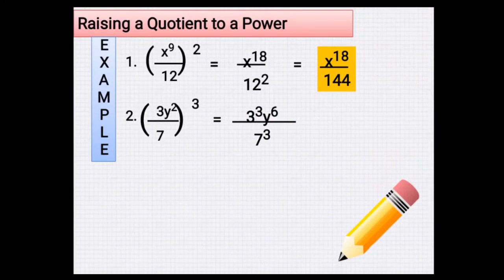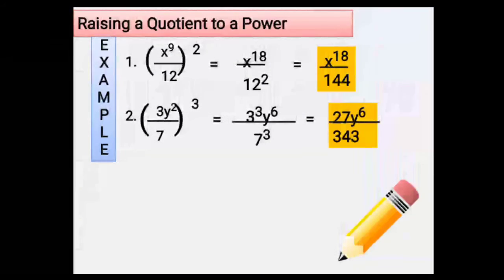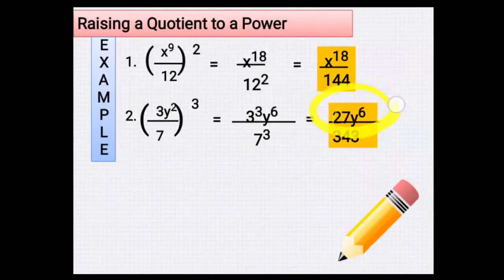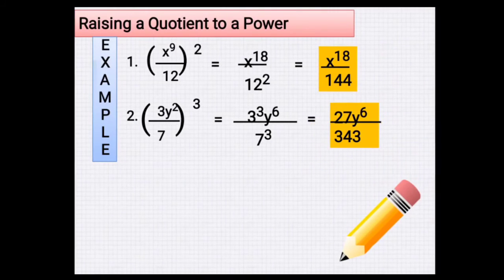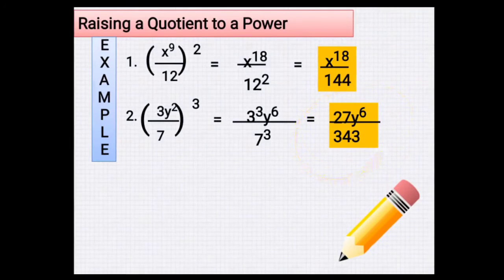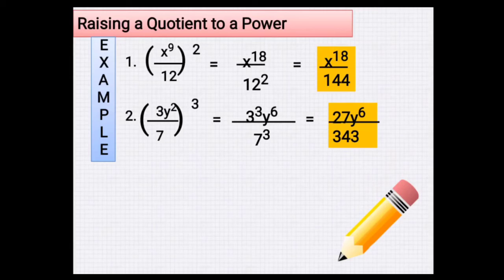Now, let us simplify. 3 cubed is equal to 27, then times y to the 6th power, divided by 7 cubed, that is 343. Okay, 7 times 7 times 7 is 343. Therefore, our answer is 27y to the 6th power divided by 343.